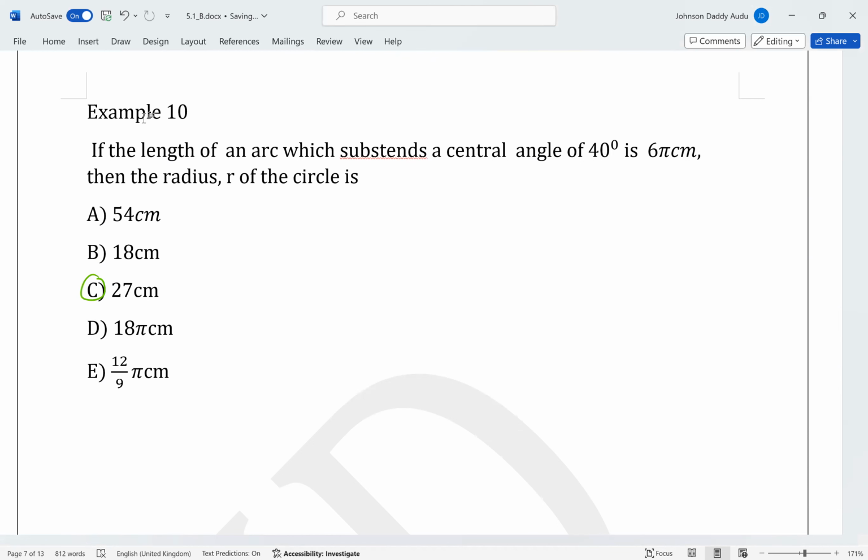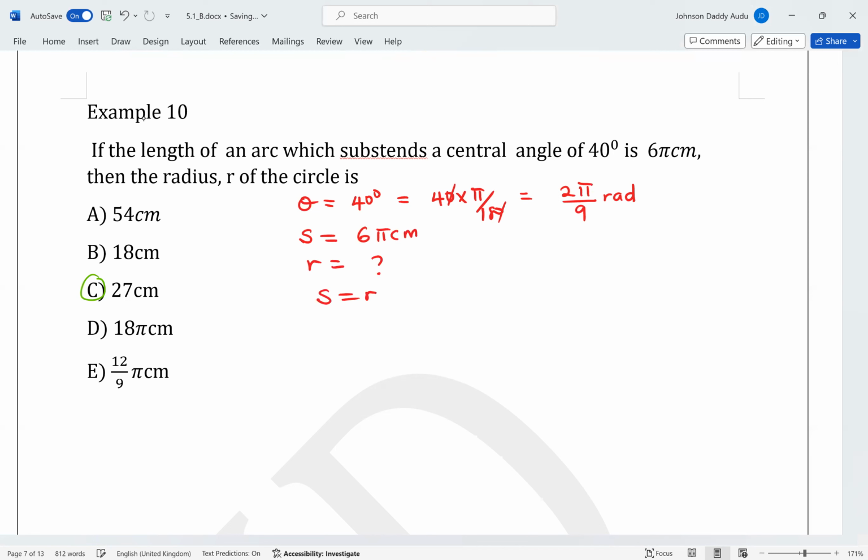So in other words, here we have theta given as 40 degrees, which we can write as 40 times pi over 180. So this is going to be 2 pi over 9 rad. And S itself is 6 pi centimeters. So we are looking for the radius of the circle.